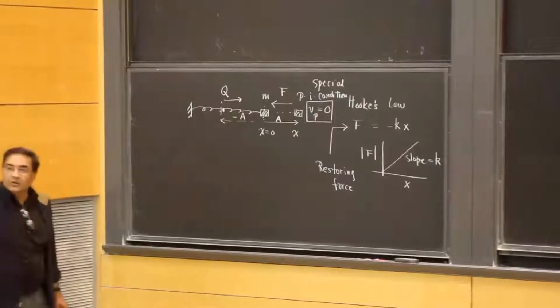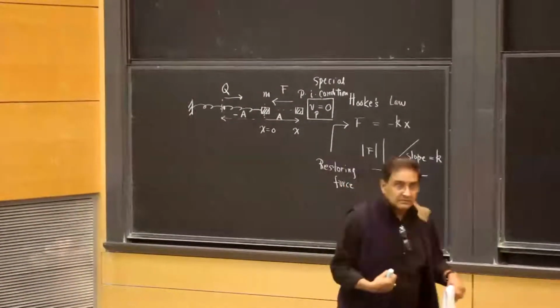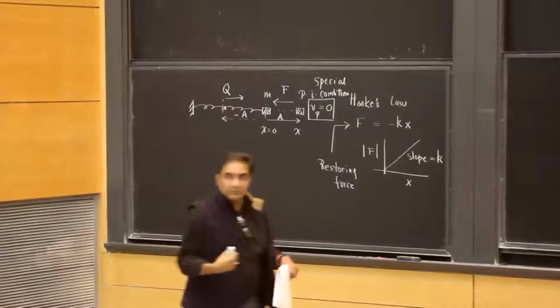What is the energy stored in a spring when we stretch or compress it? What is it called? Half what?